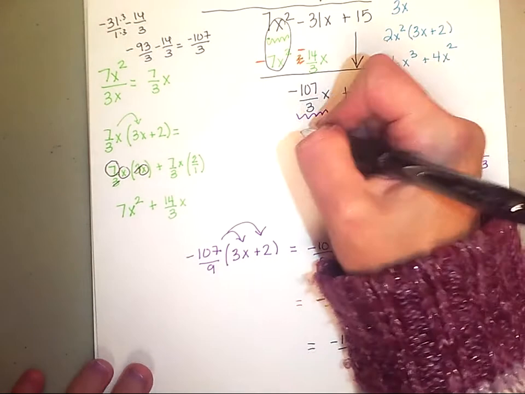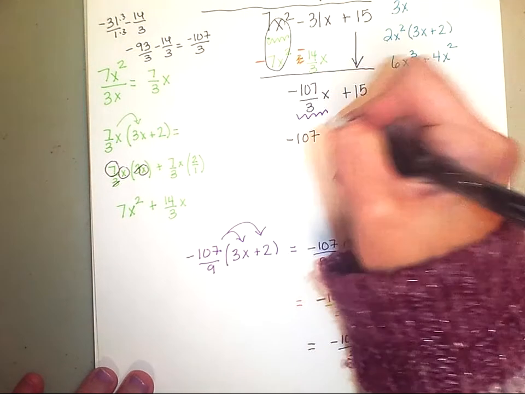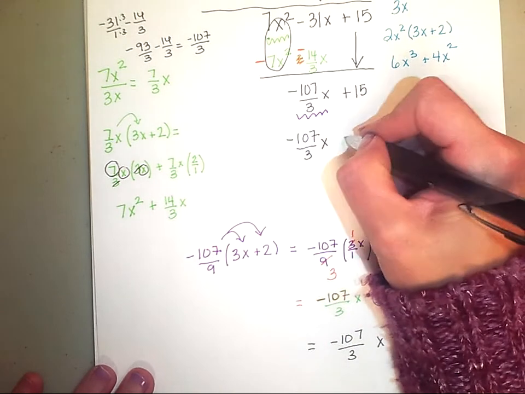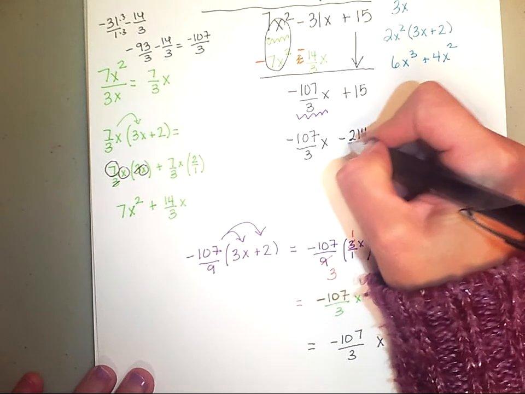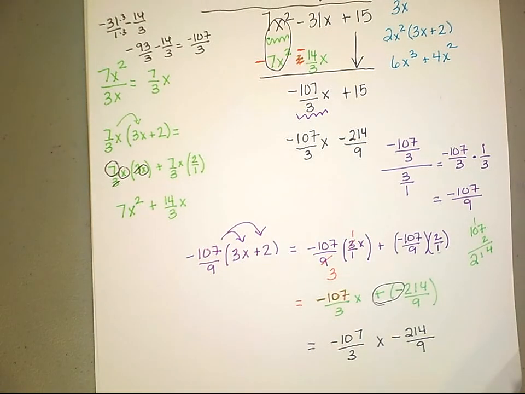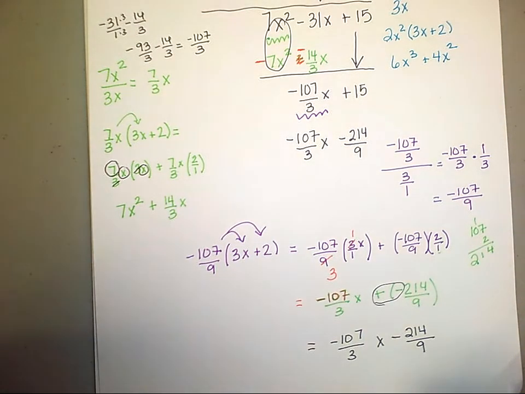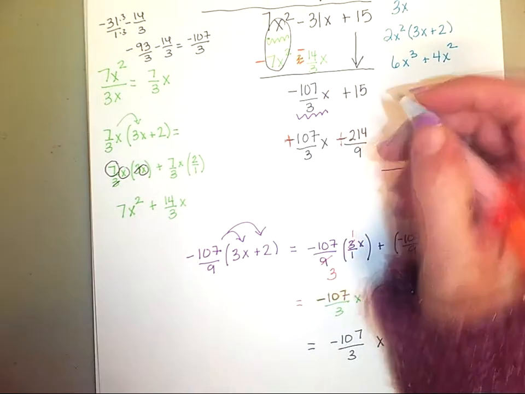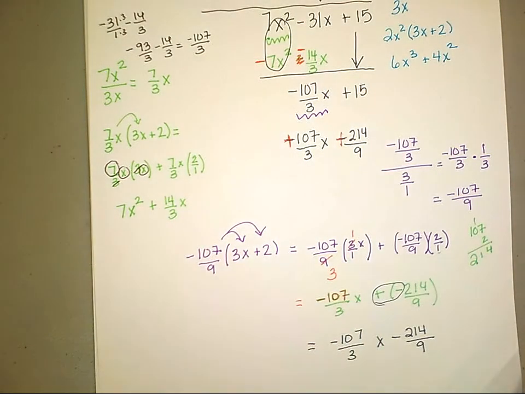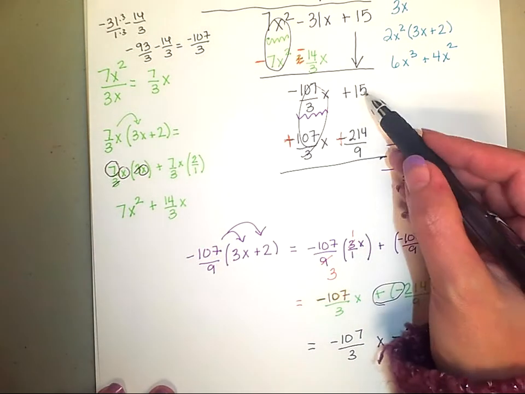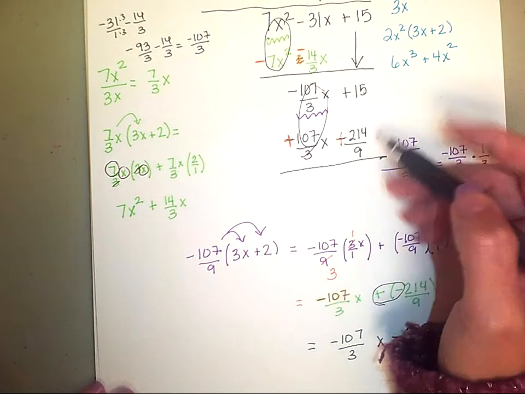So that's what's going to go here, minus 107 over 3x minus 214 over 9. But we have to subtract that, so remember that's going to change the sign. So this will be plus and this will be plus. And then these will go to 0.